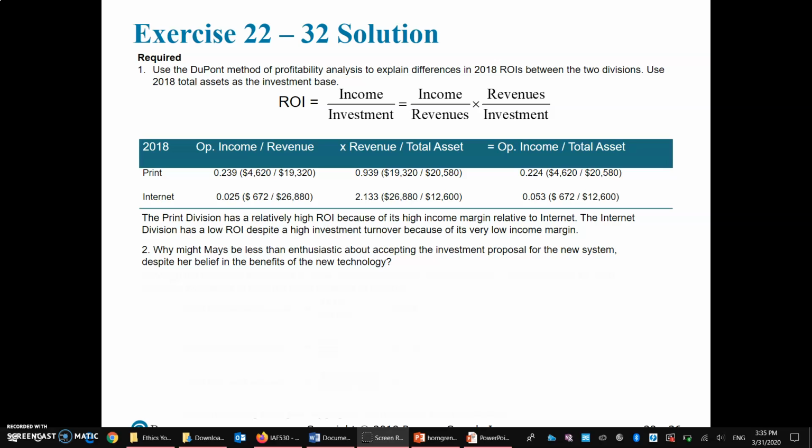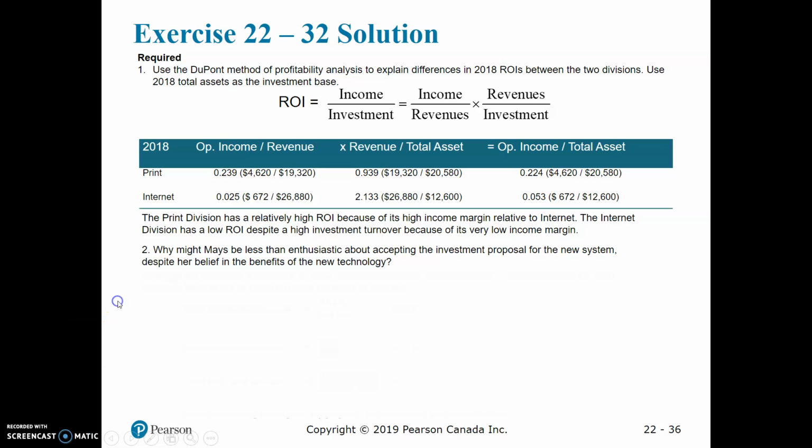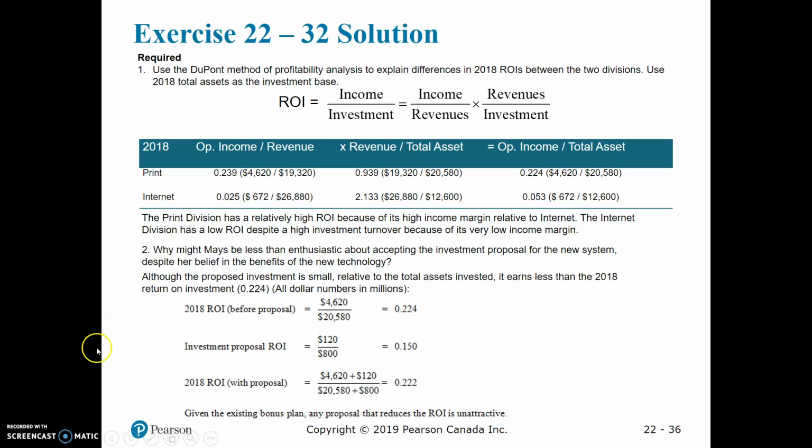The second question asks us, why might Maze be less than enthusiastic about accepting the investment proposal for the new system despite her belief in the benefits of the new technology? Well, let's look at the numbers. For 2018, we already calculated the ROI for the print division at 0.224.